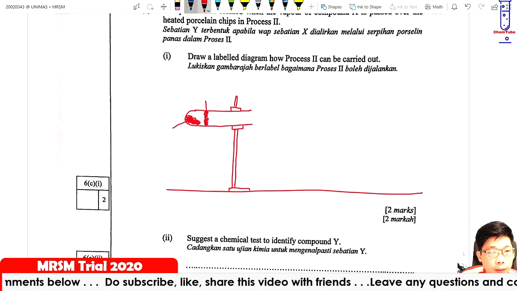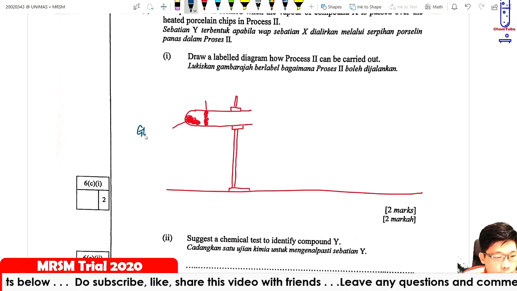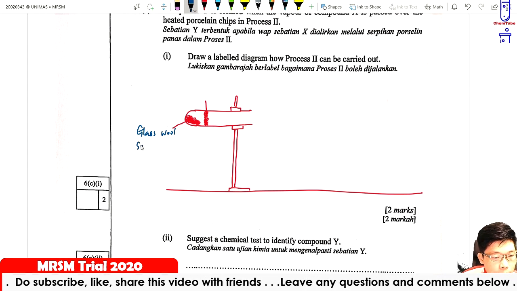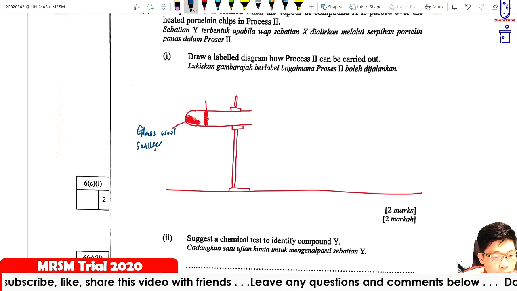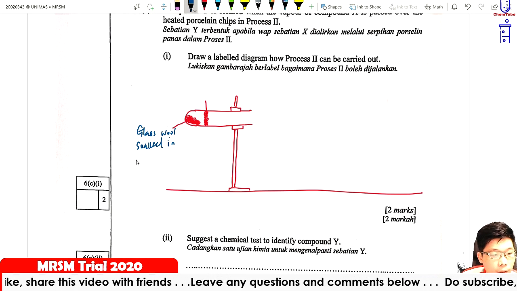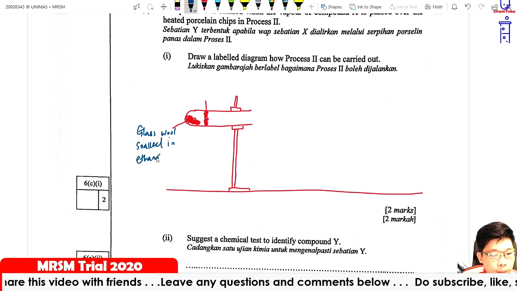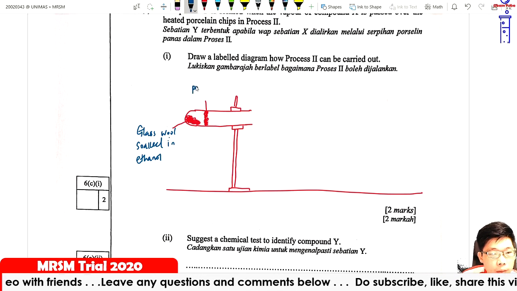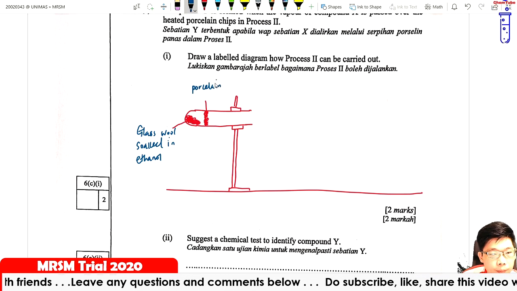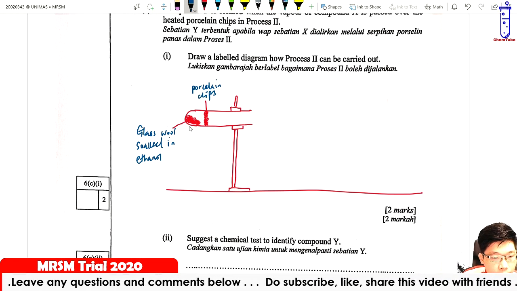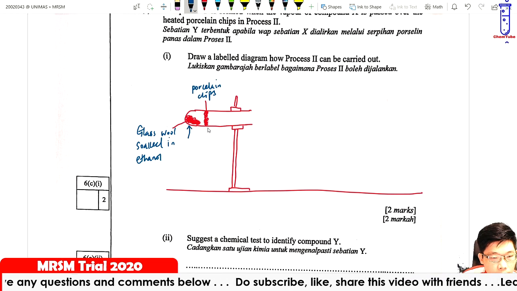So first we label here, glass wool soaked in the ethanol. Okay, this is the porcelain chips. Both of these we need to heat strongly.